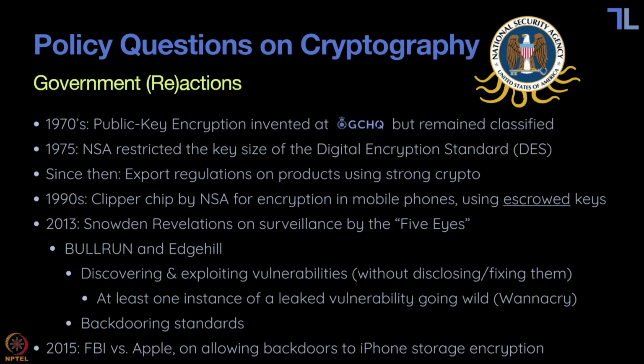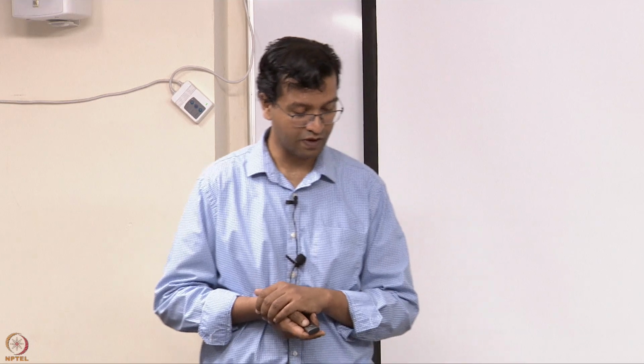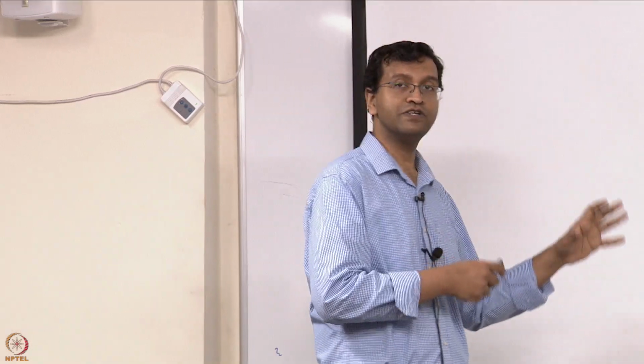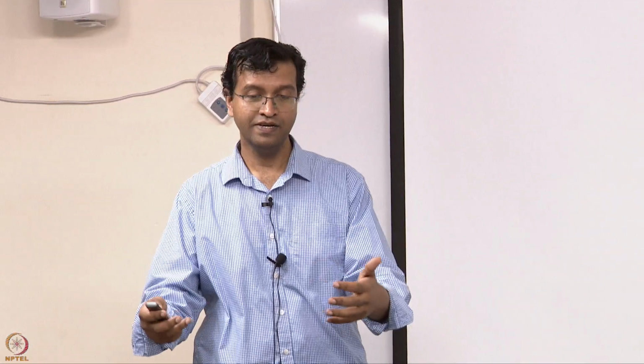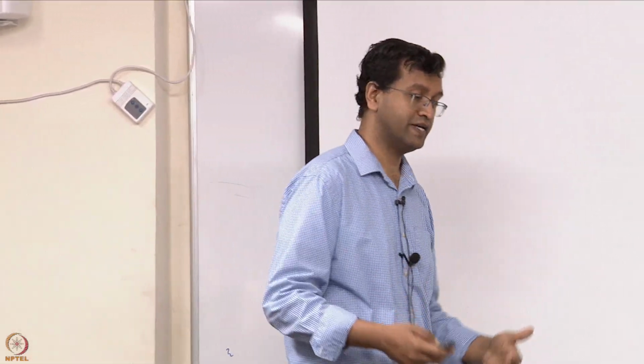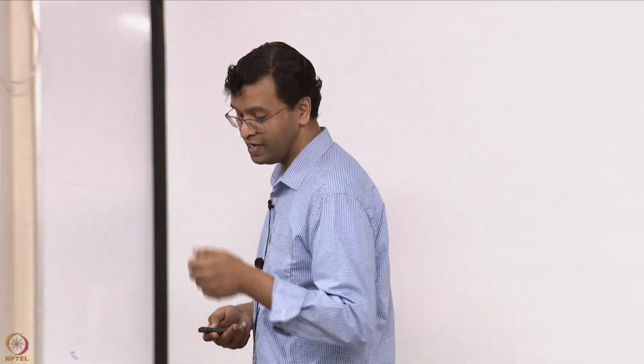But eventually, in that particular instance, they managed to break it because of some other vulnerability in the iPhone, and they got it done without Apple's cooperation. But the point was the government and the software companies were at opposing ends. The software companies want to provide, or at least want to look like they're providing, security to their users. The governments want a way around it.